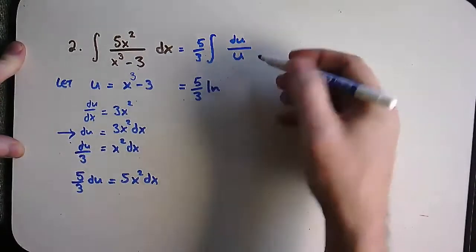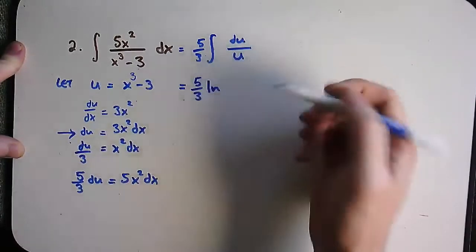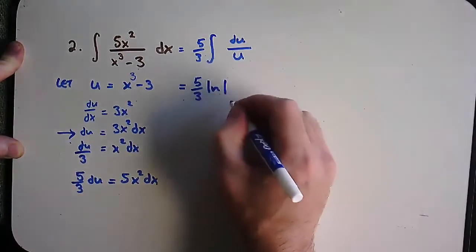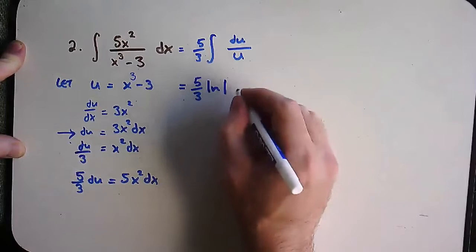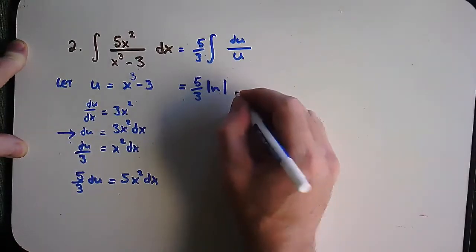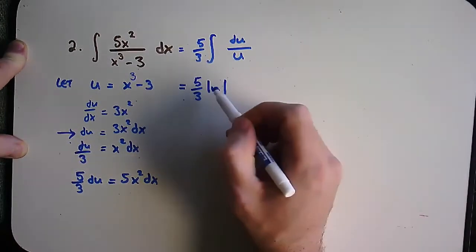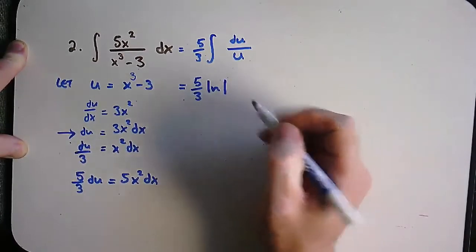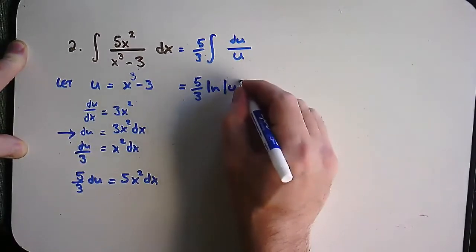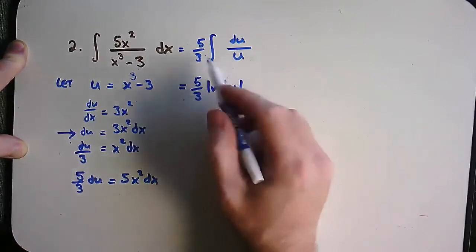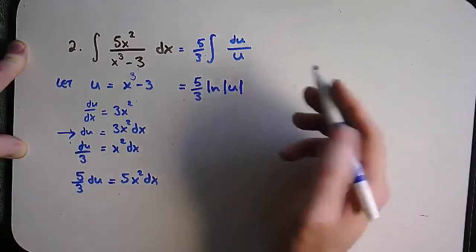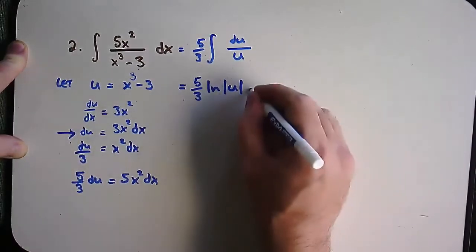Now, when we do this antiderivative of 1 over u, it's good practice to put absolute value bars around the argument to the natural log. It's not a super important detail here, but we know that the natural log function can only take positive inputs. So if we throw those absolute value bars on it, we'll be in good shape. Okay, so 5/3 times the antiderivative of 1 over u du, which is natural log u, and plus c.